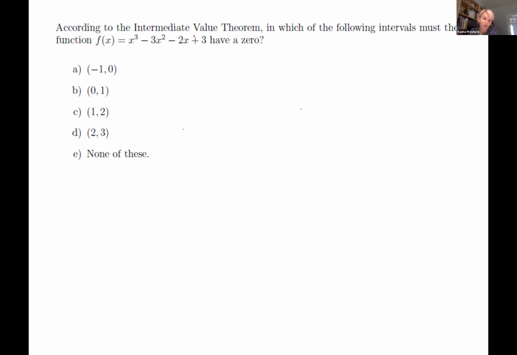That means I'm able to use the intermediate value theorem. And what I need, let me maybe draw something here.